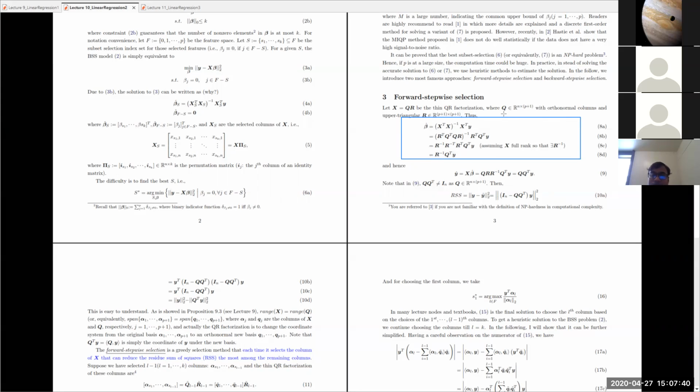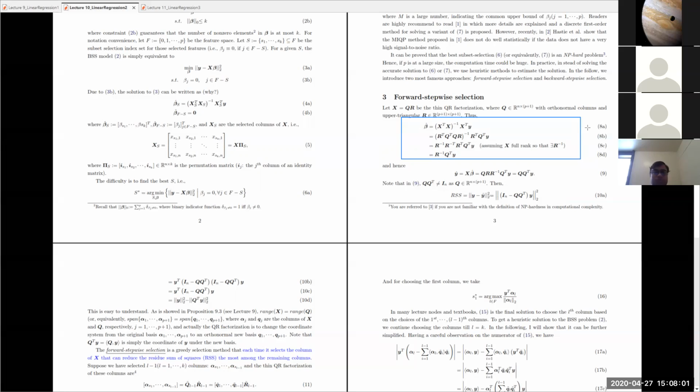And the Q matrix has orthonormal columns, okay? So that I must have Q^T Q equals I. Again, be very, very careful. If Q has orthonormal columns and it's square, it's called an orthogonal matrix.